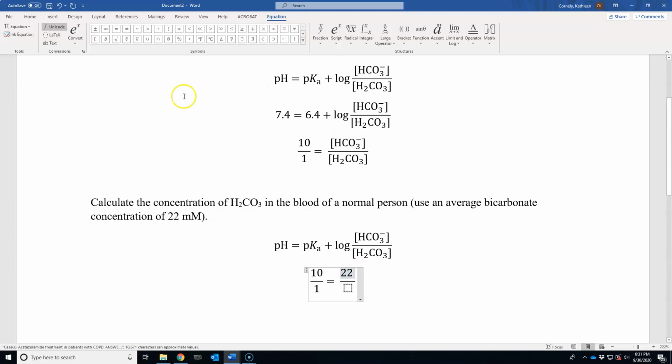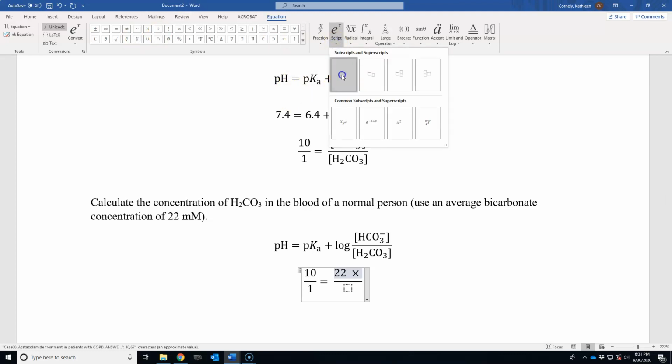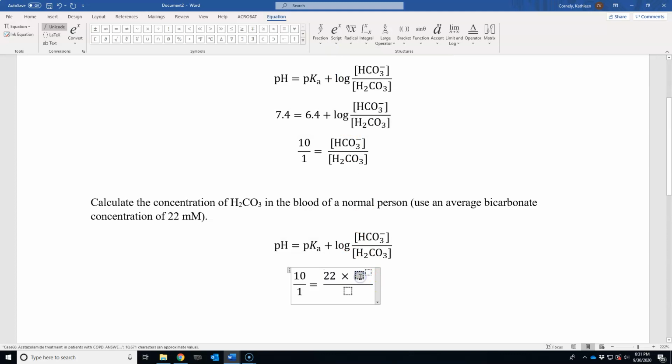I need a multiplication sign, which I can get up here where I have all of my symbols. So I do 22 times, don't use an x, it's a times, times 10 to the minus third, and that is going to be a superscript. So I do 10, right arrow, minus 3, right arrow again, molarity.